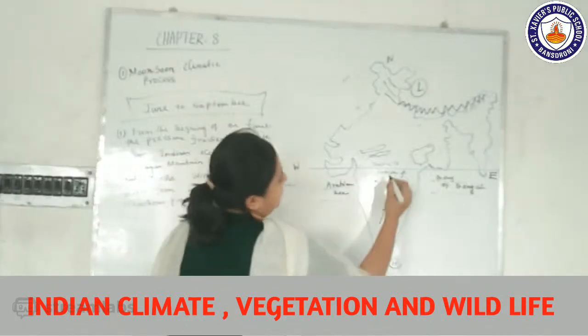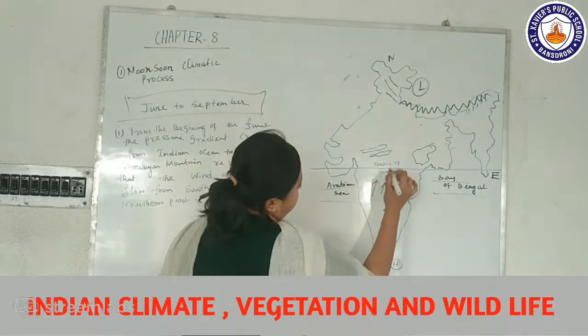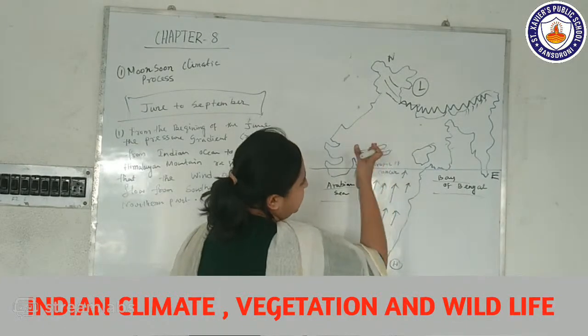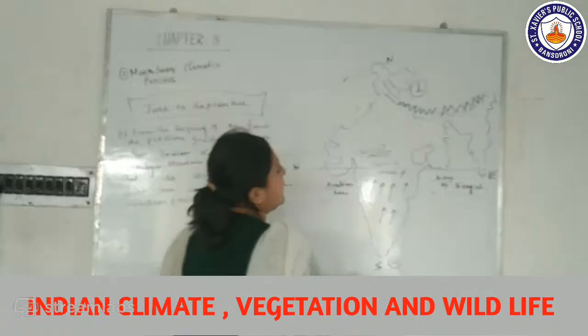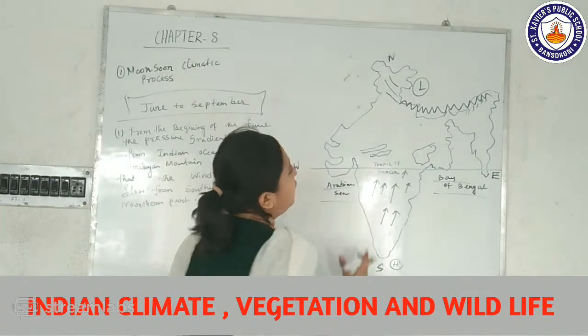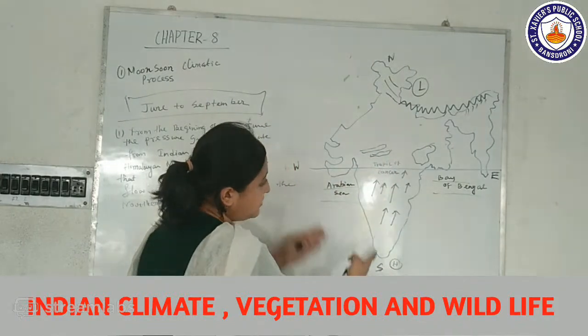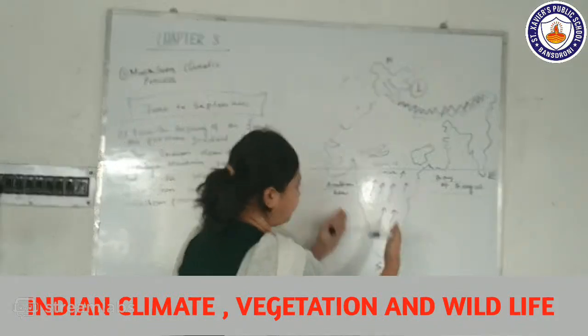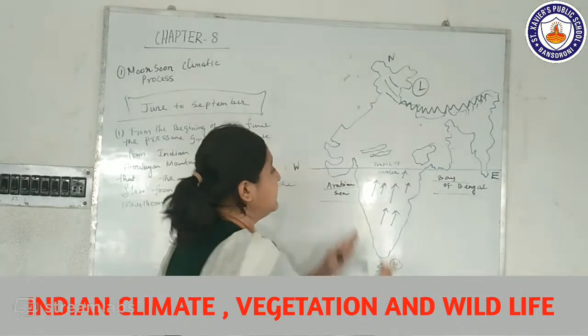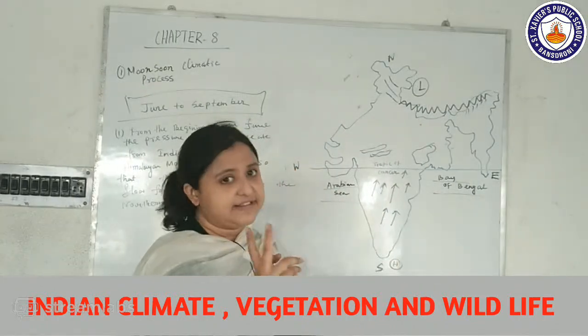In that part the blowing wind collides with these ranges, and this wind will not move forward further north, right? Because of the triangular shape of the southern part of India, this wind is split into two branches.